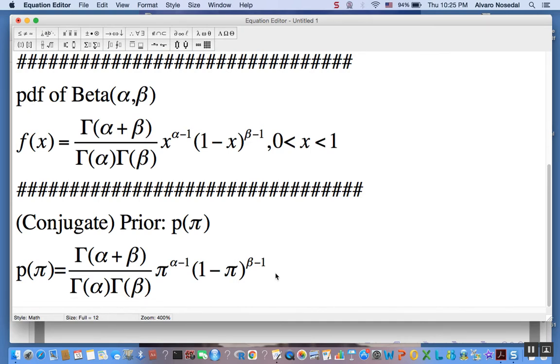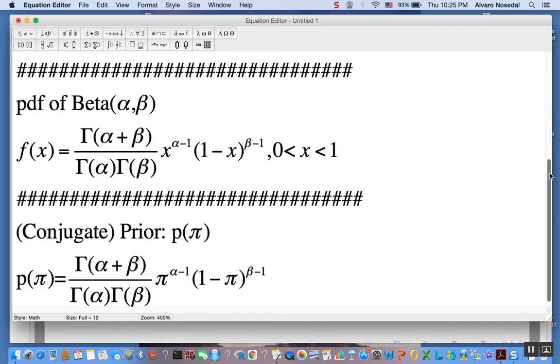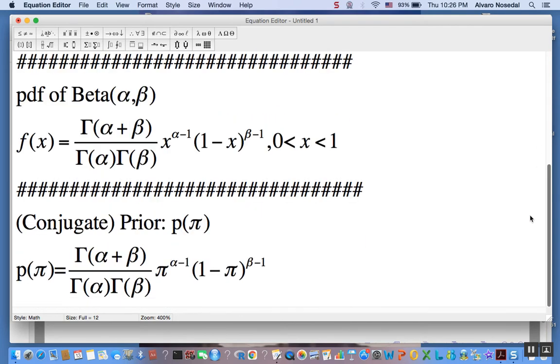So let's do the math. If we chose our candidate wisely, the posterior distribution will belong to the same family of distributions as the prior. We are proposing a beta distribution as our conjugate prior.